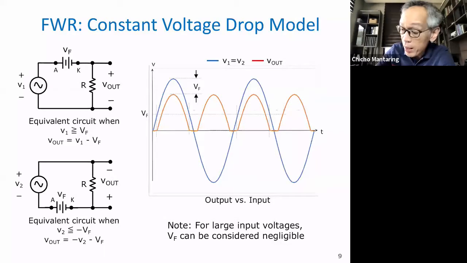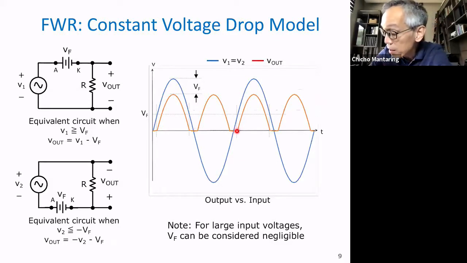If you do a KVL in this loop, you get V out equal to minus V2 minus V sub F, or the negative of V2, minus V sub F. So you're going to get the same curve. This is now how your output looks with respect to your input. Are there any questions?